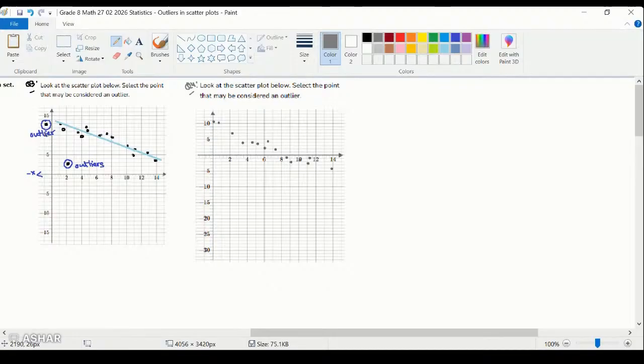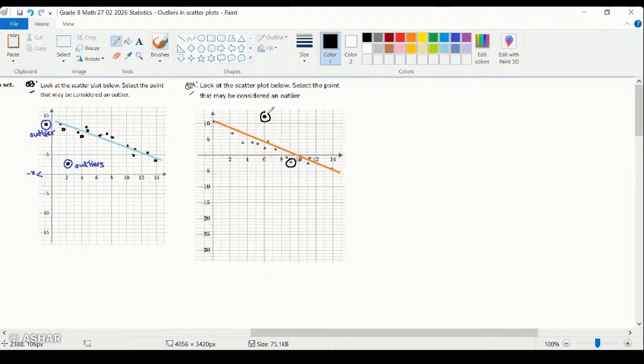So when we try to draw the trend line, can we say this is the trend line? Okay. So which point seems to be furthest away? Can we say this point is an outlier? Or let's suppose if a point was given somewhere over here, that is way far away from the line, right?